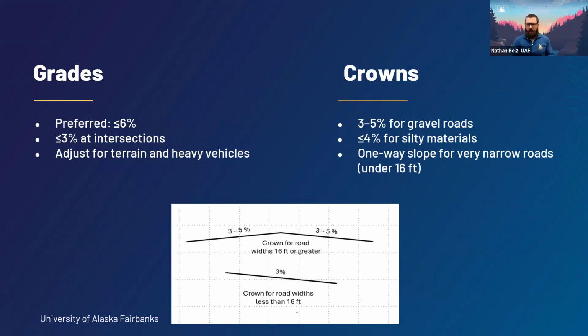And then for crowns, if it's a scenario where you have a little bit wider road, so 16 feet or greater, again on the primary within the core or the non-core roads, having a crown with 3 to 5% toward the outside of the traveled way. But on the narrower ones, no need for a crown, and just slope it one direction or the other.